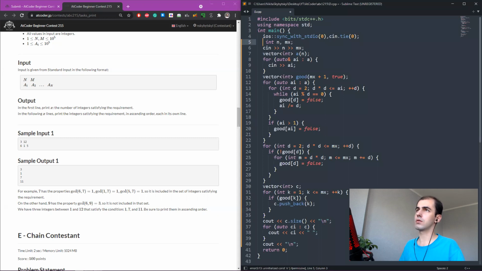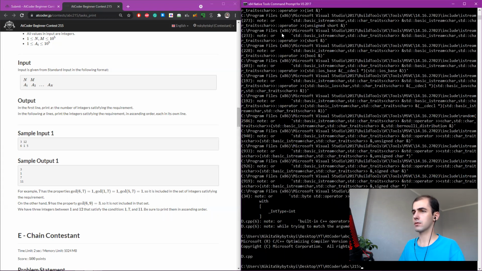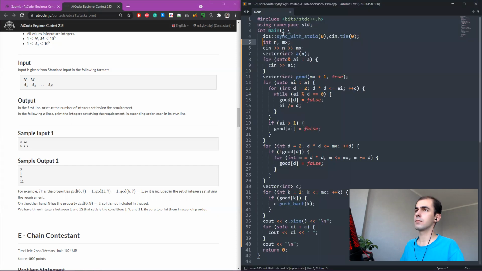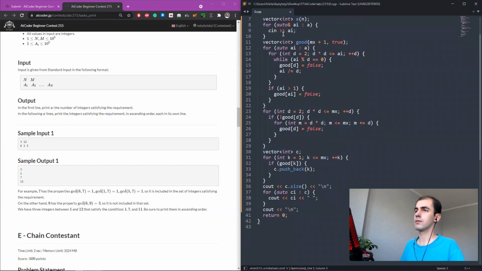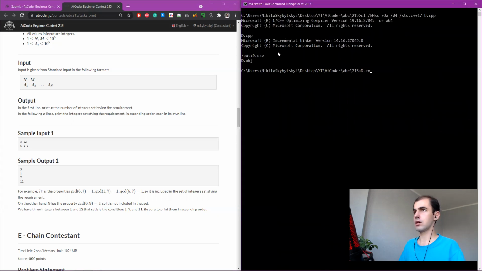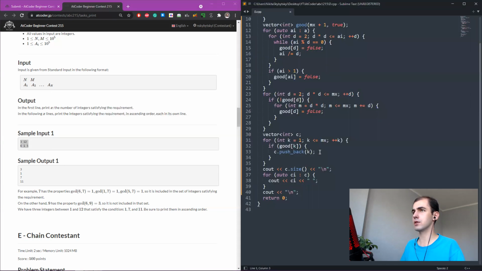Oh, okay, not nice. Okay, so we are getting extra good numbers that should not really be good. For example, we are getting 4 for some reason. Despite that 6 has a prime divisor of 2, so 2 is labeled as bad, but then 4 is not for some reason.